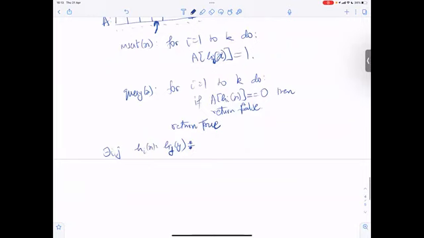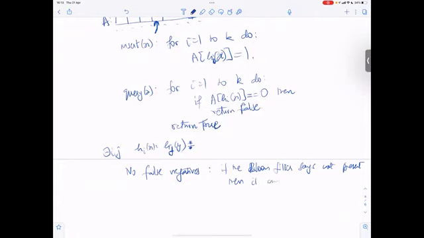So the property of this data structure is that there are no false negatives. That is, if the Bloom filter says query X is not present, then it must be correct.